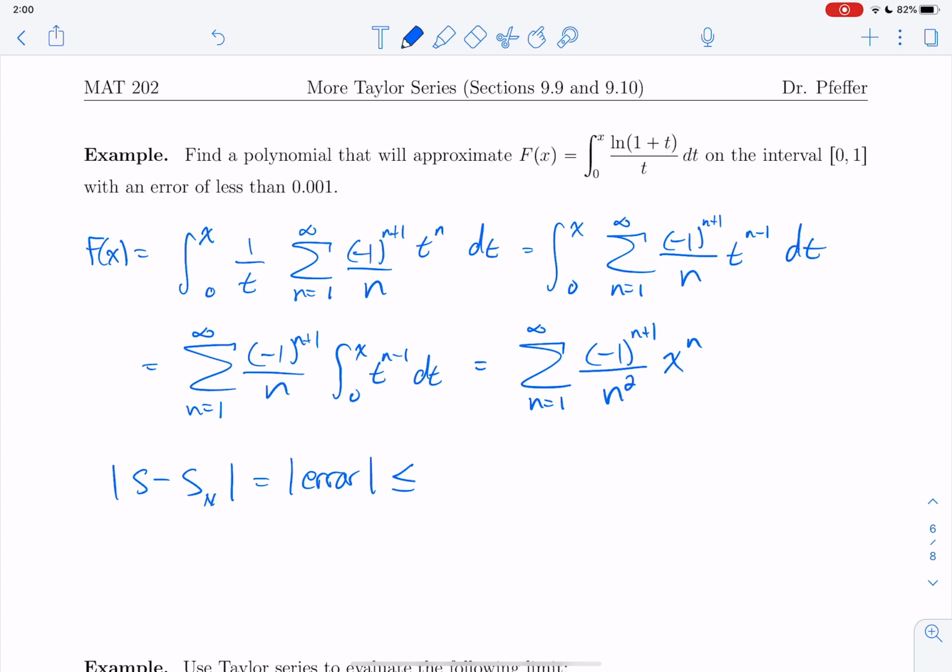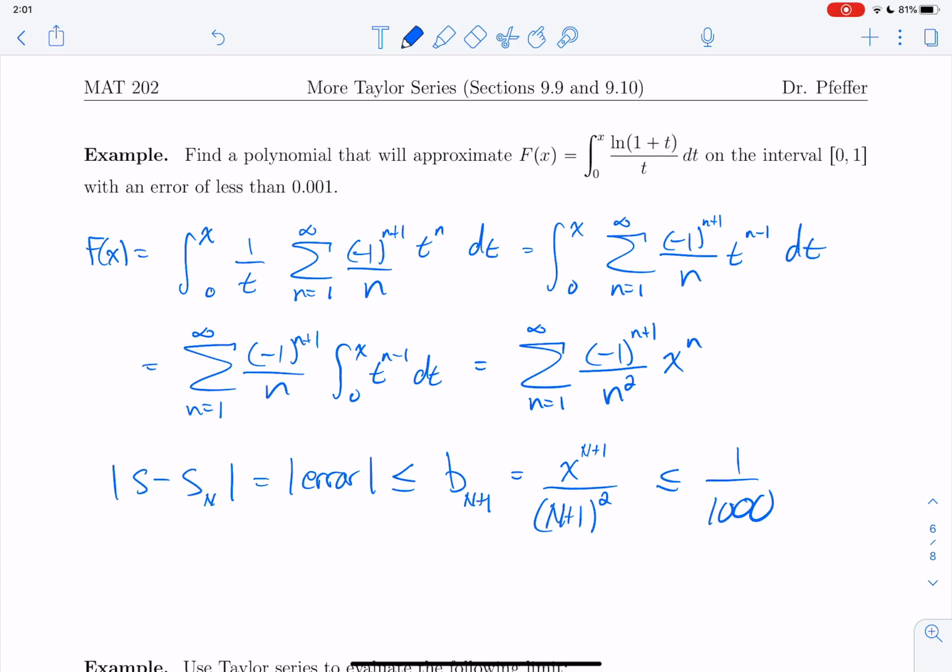I know this is less than or equal to b sub capital N plus 1, where b sub capital N plus 1 in this case is the non-alternating component of what we have here. And so I want that to be x to the capital N plus 1 over capital N plus 1 squared. And the goal is to have this be less than or equal to 0.001, which is 1 over 1,000.